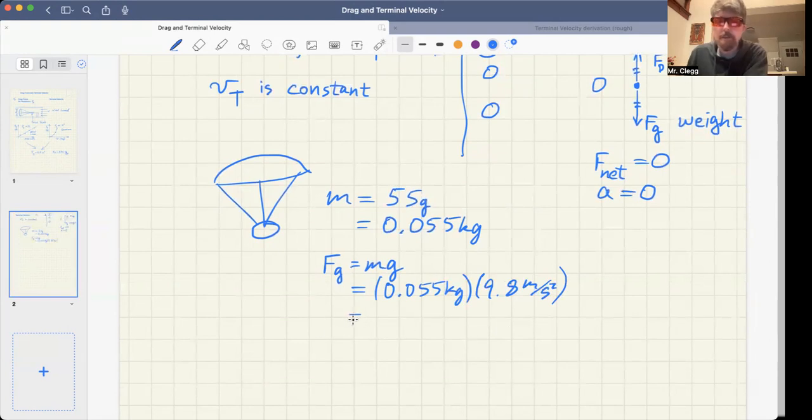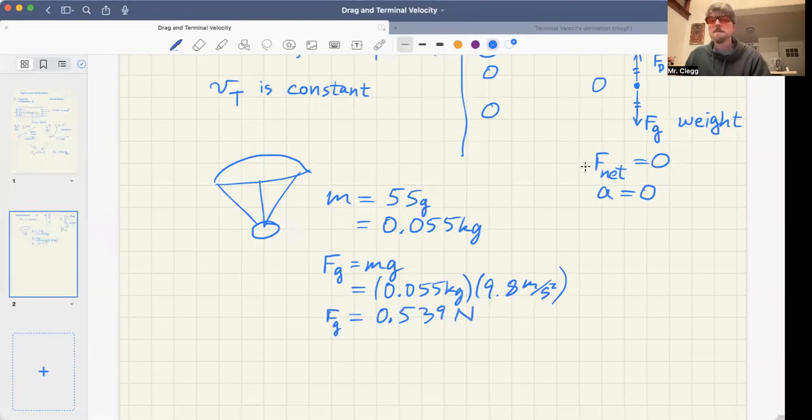And then we'll have the weight. And that comes out to be 0.539 newtons.